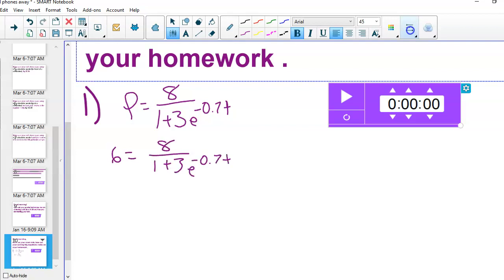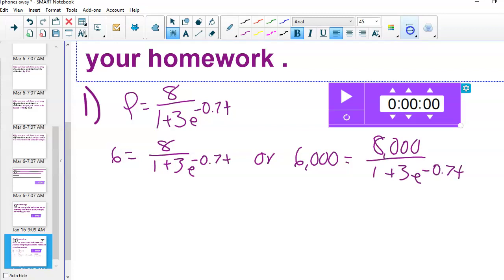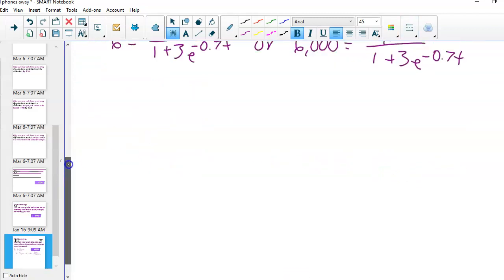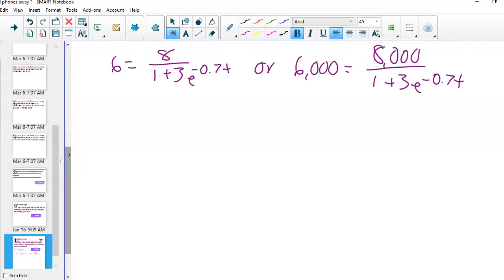So you can have it like this or like this. Don't do both, but do one of those. If you have 1,000, like 8,000 and a 6, or 6,000 and an 8, it won't work. You get negative numbers.